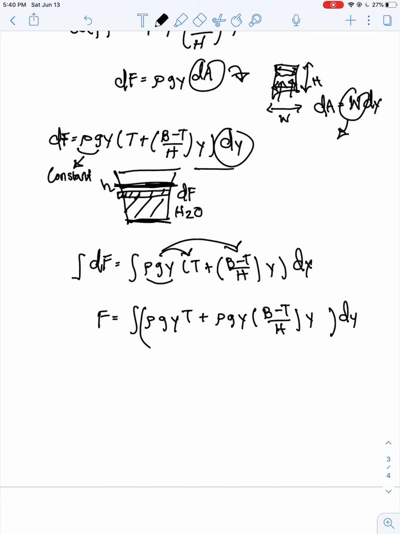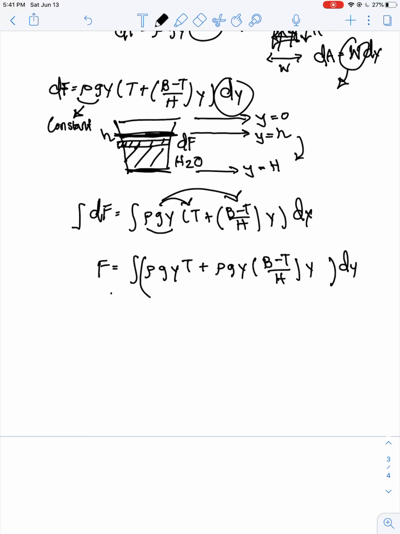We called the top here y equals 0, and we called the bottom here y equals H. Then the surface of the water will be y equals little h. And then we will be going from little h to big H, and so we're going from depth y equals h to y equals big H.